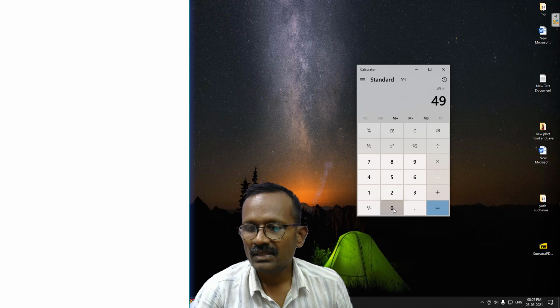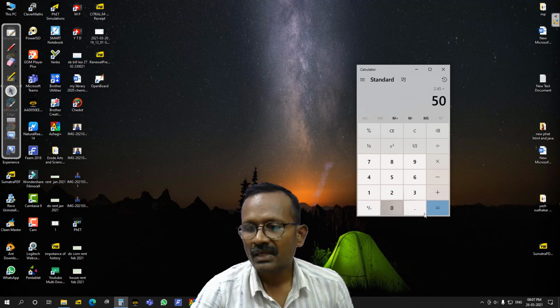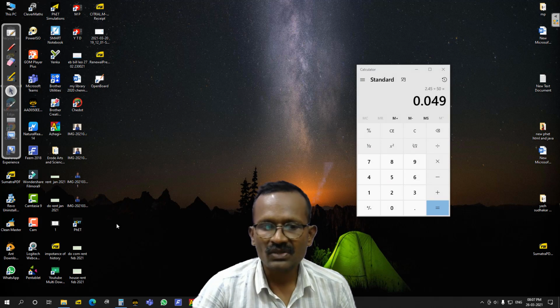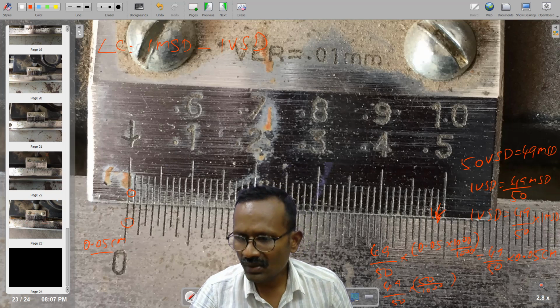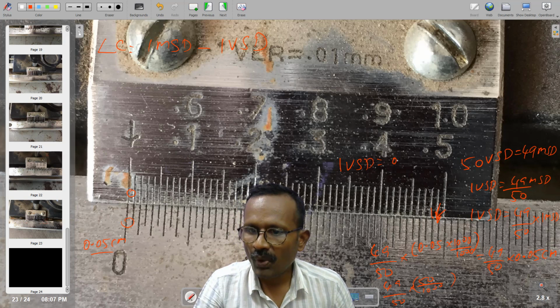49 into 0.05, divided by 50. 0.049. One vernier scale division is equal to 0.049 centimeter.